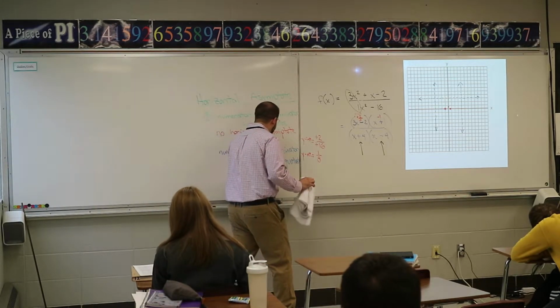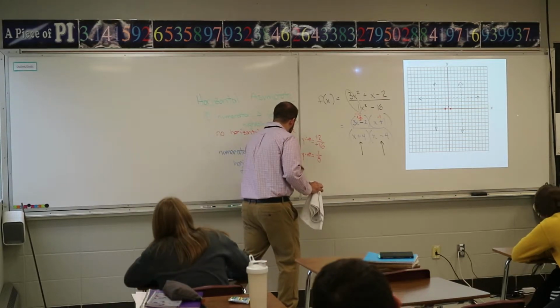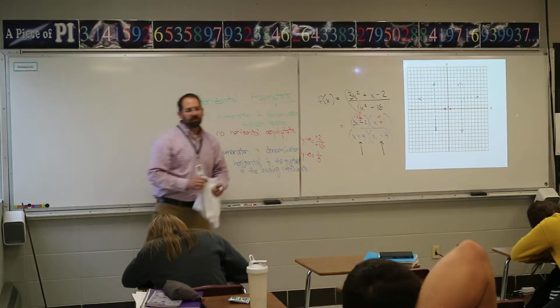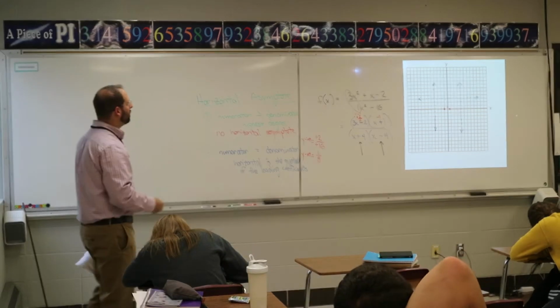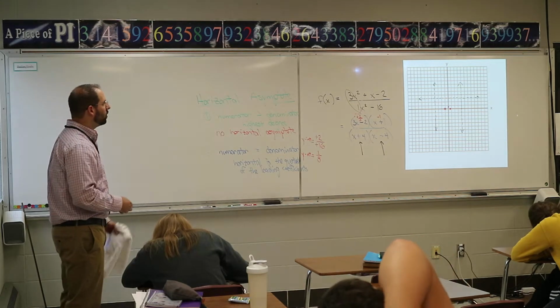And that's what we have. Our power was exactly the same on top and bottom, so you just divide the 2 leading coefficients and that's where your horizontal will be.